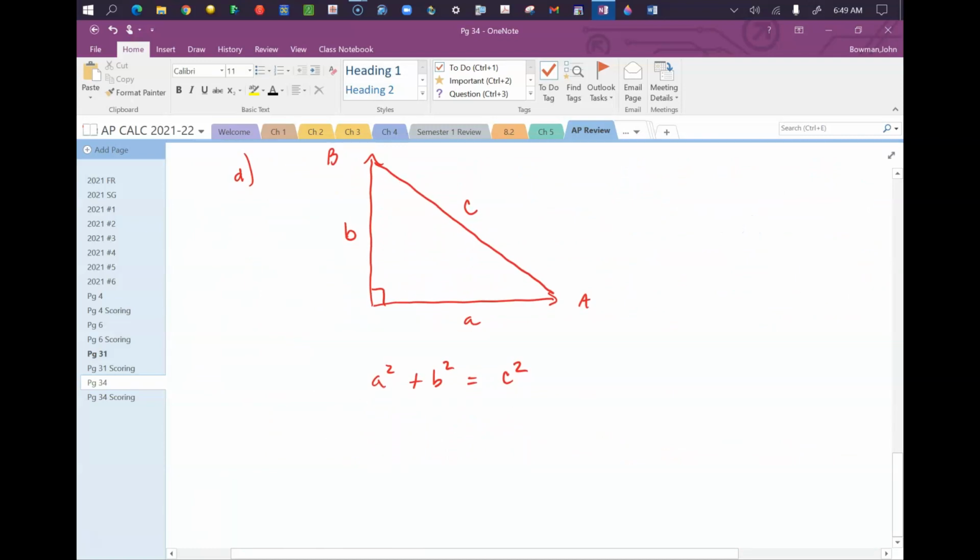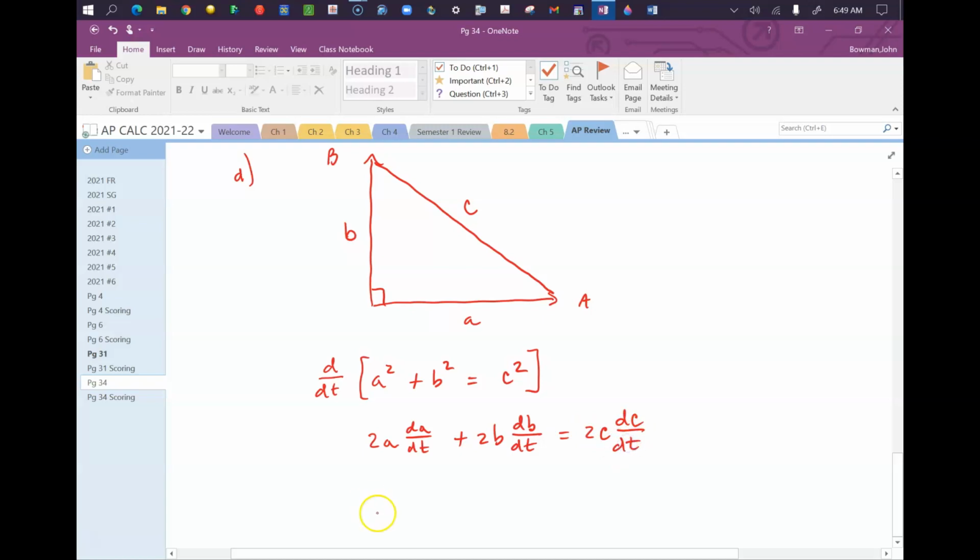So what we're going to do is we're going to differentiate this equation with respect to time. So we have 2a dA/dt plus 2b dB/dt is equal to 2c dC/dt.